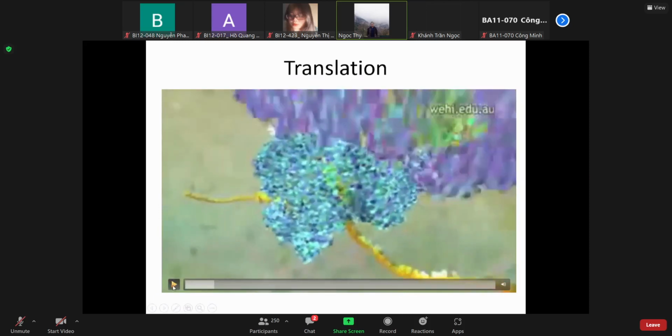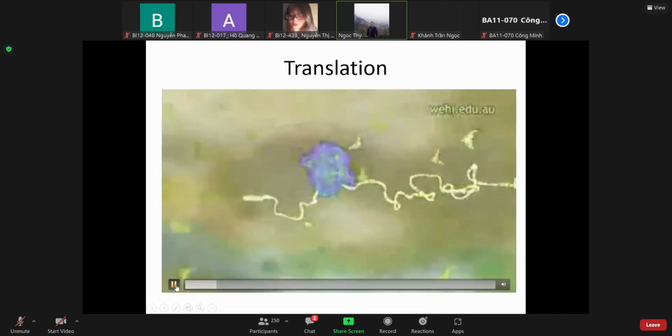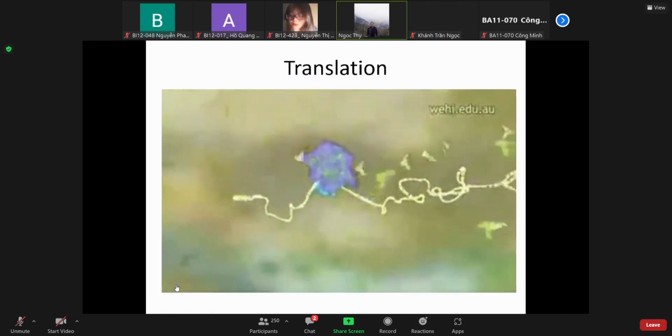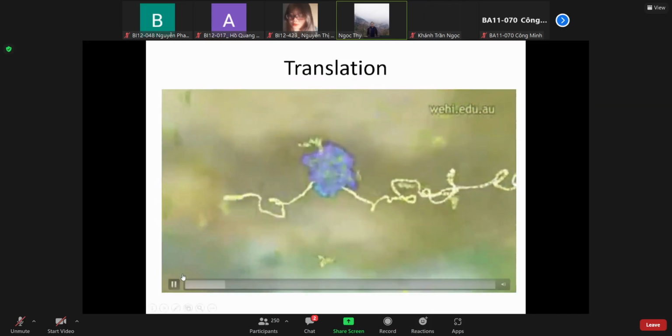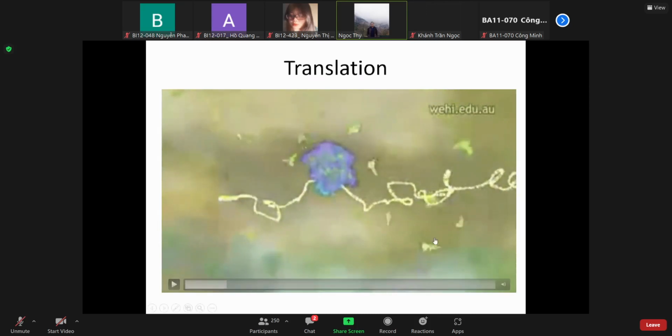So we have the ribosome, the small subunit and the large subunit, come and bind to the mRNA to start the translation. The tRNA floating in here carries the suitable amino acid.